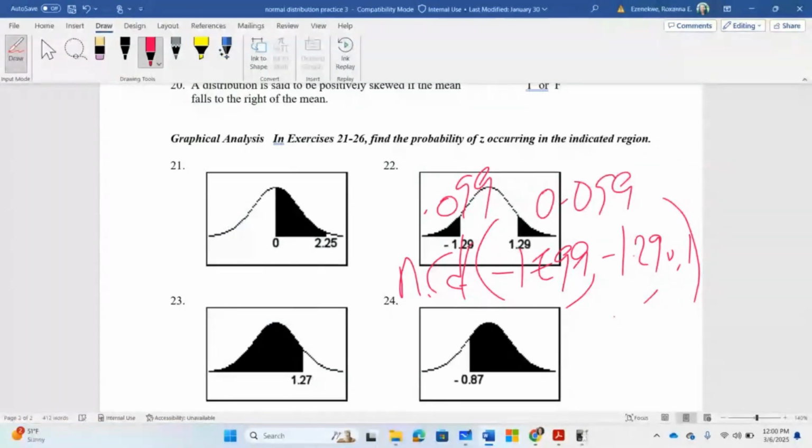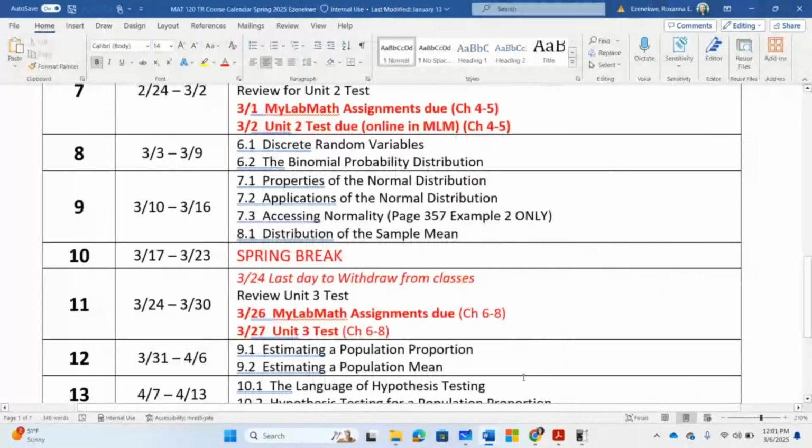Okay, we shall make sure that we answer all the questions on normal distribution next week, before we continue to chapter 8. So next week we will be doing chapter 7 and 8.